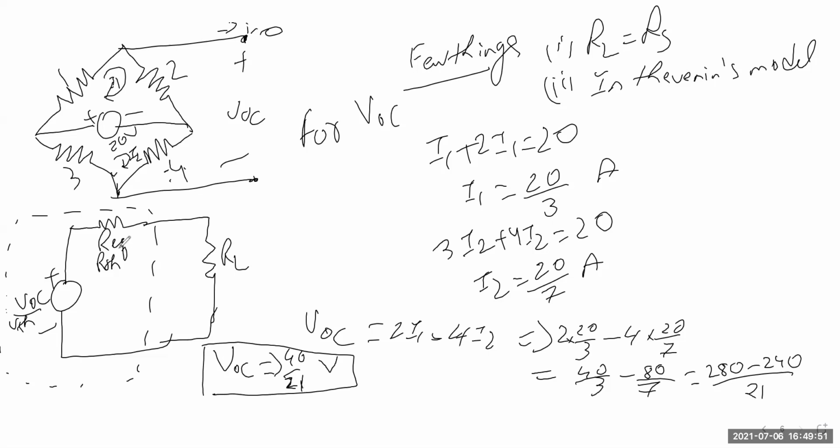Now what is left is your RL and R equivalent. If we find R equivalent, and we know RL is equal to RS, where in this figure this is also written as RS, we'll get these two values. Now we have to find the R equivalent.